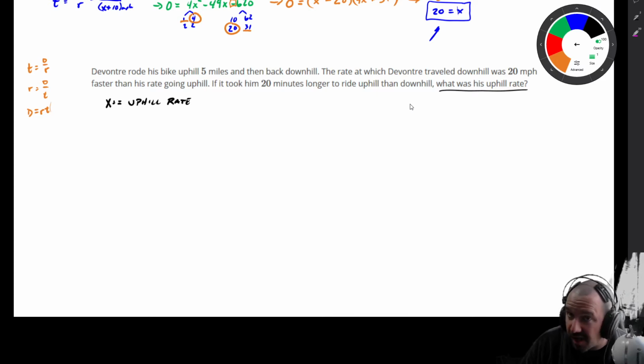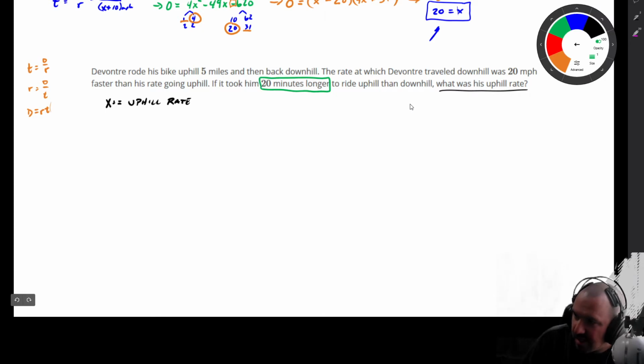Luckily we don't have a whole lot of stuff that's extraneous. This is a key. This 20 minutes longer is a key to which one of these three that we're going to use. And because we're talking about taking longer time, that means that we're going to end up messing with time. So we kind of want that one.